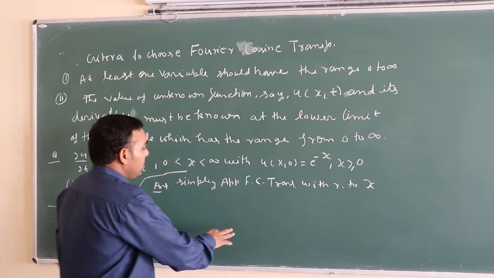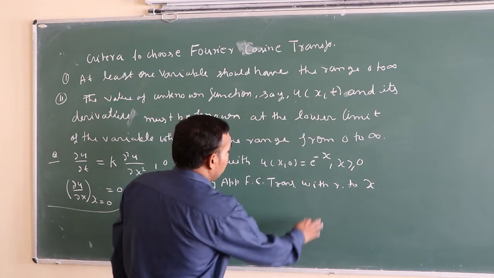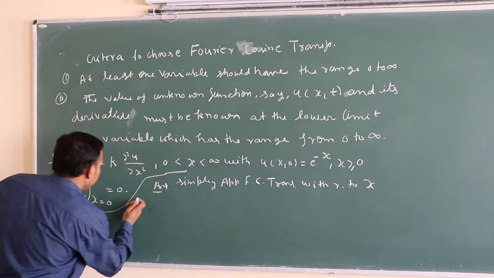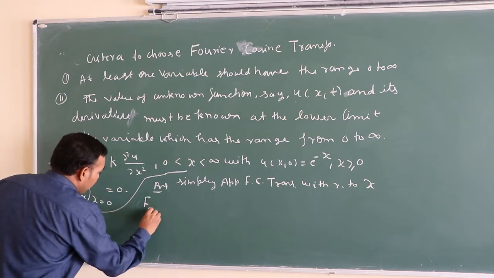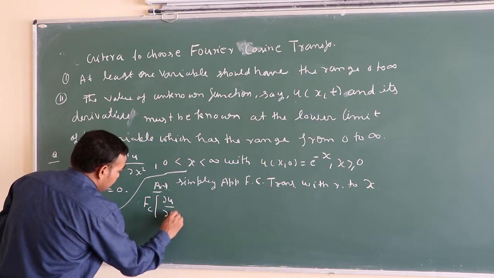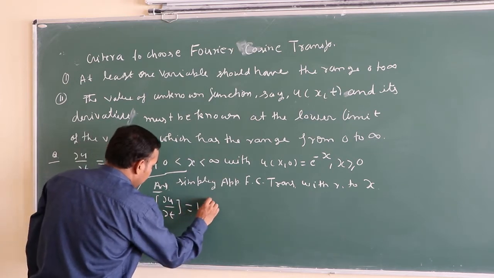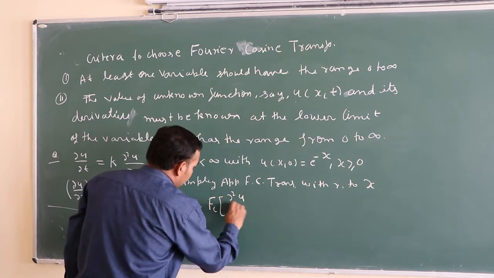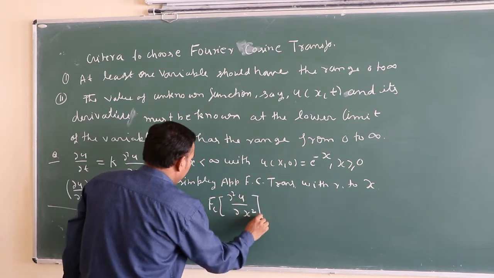So we apply the Fourier cosine transform with respect to x: k times the Fourier cosine transform of ∂²u/∂x².